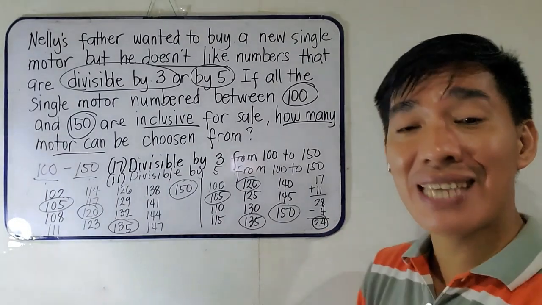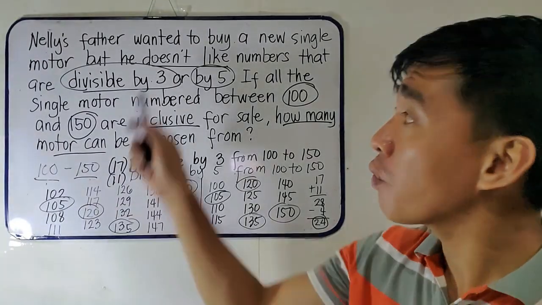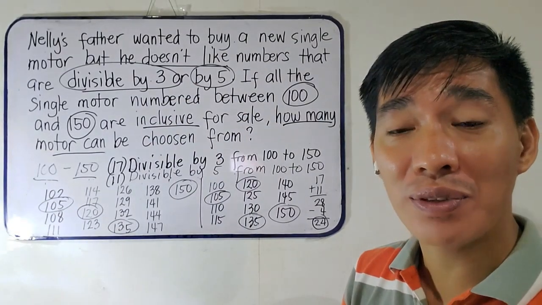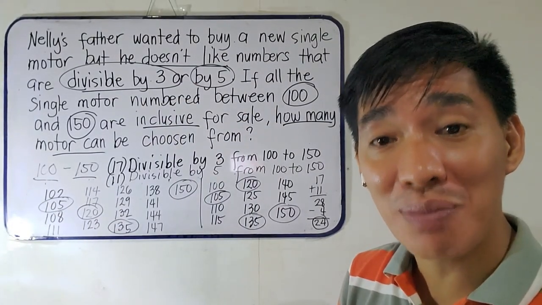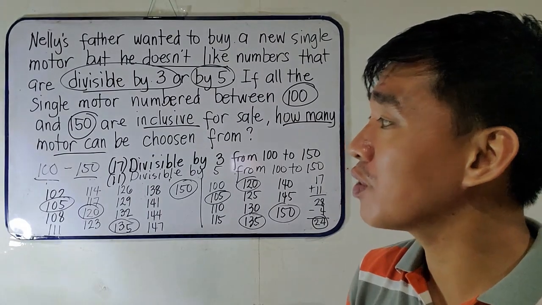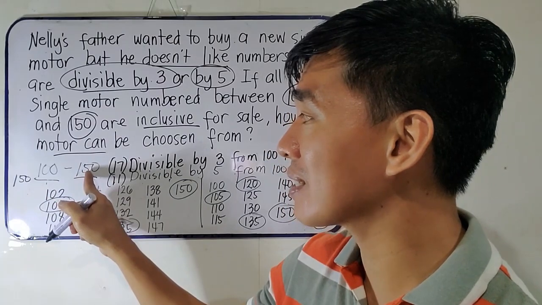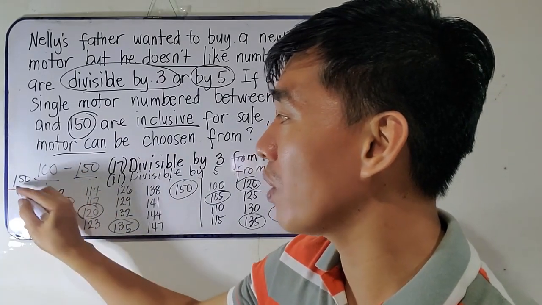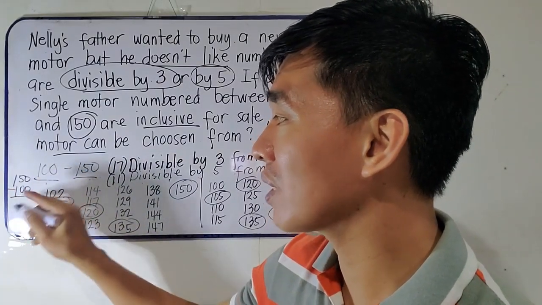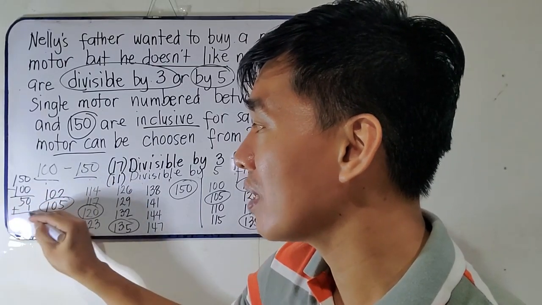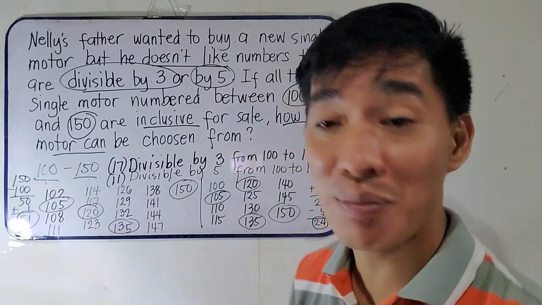Because we need to take away this 24, which he doesn't like. All you have to do is subtract 150 minus 100, that is 50, plus 1, so 51 numbers.